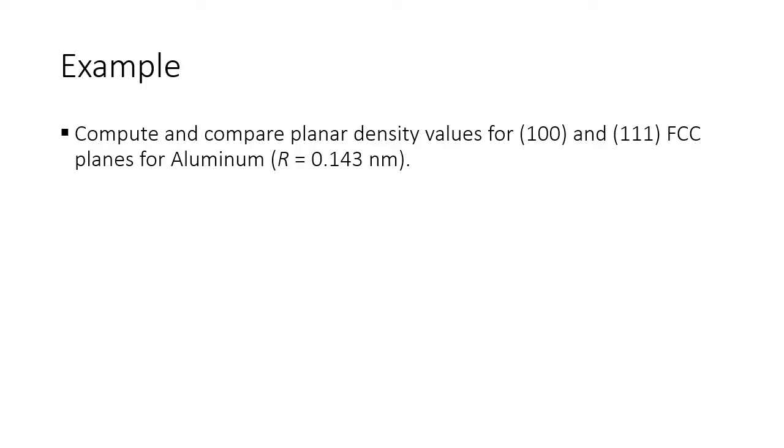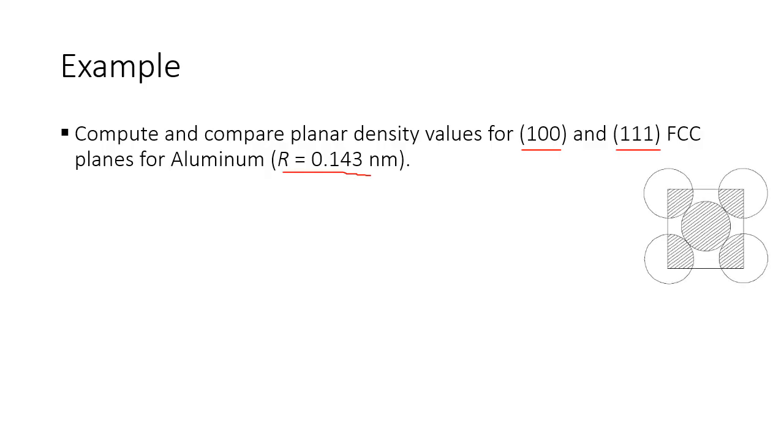Compute and compare planar density values for the 100 and 111 FCC planes for aluminium. The atomic radius of aluminium is given as 0.143 nanometer. So this is the 100 plane, as we saw a couple of slides earlier, and that is the atomic arrangement. The formula for planar density on the 100 plane was derived as 1 upon 4r square.